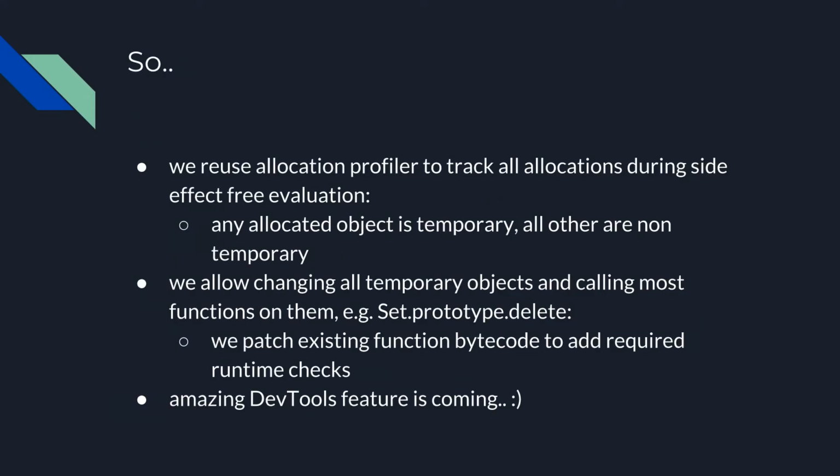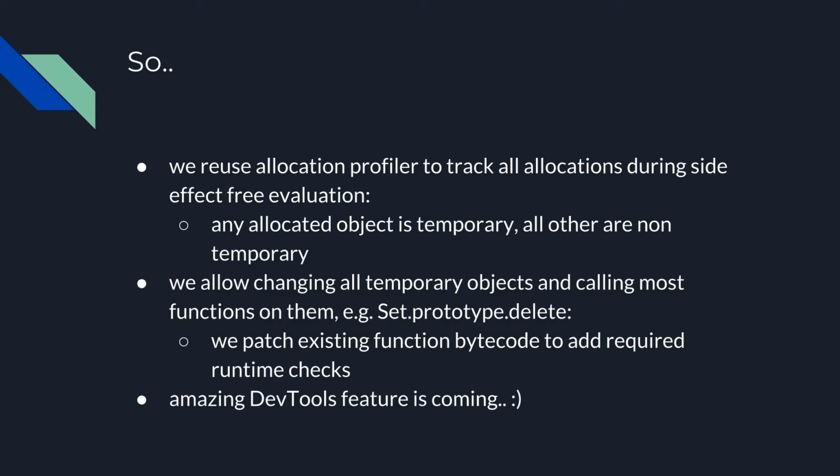So instead of static checks, we need to introduce some kind of runtime checks. And the first part is we need to mark temporary objects during a function call. To do it, we can just reuse the existing allocation profiler, and for any objects that are allocated during the current evaluation, mark them as temporary.